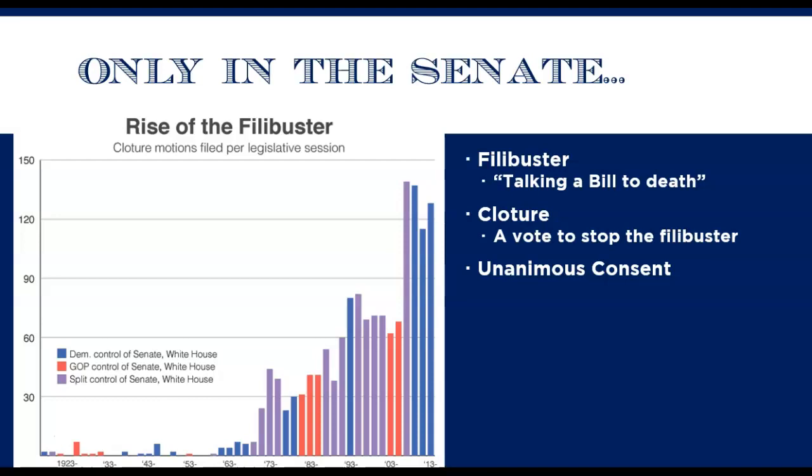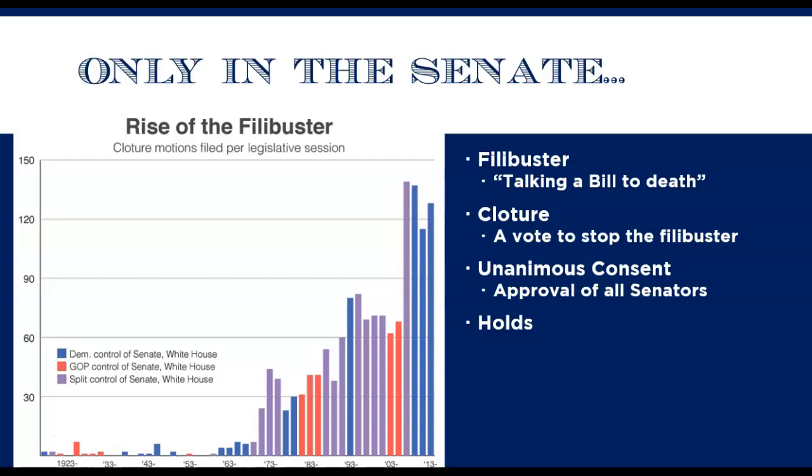And as long as they vote unanimously to do that, then they can speed the process up a little bit. If they have a lot of things to go over, they could better use their time. But it has to be through the approval of all the senators to do that.